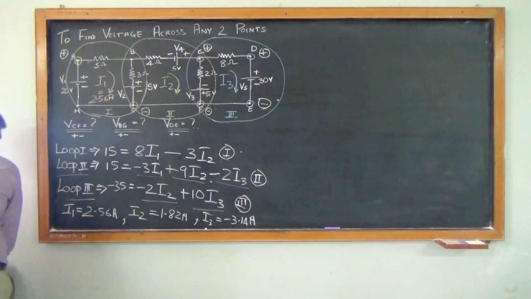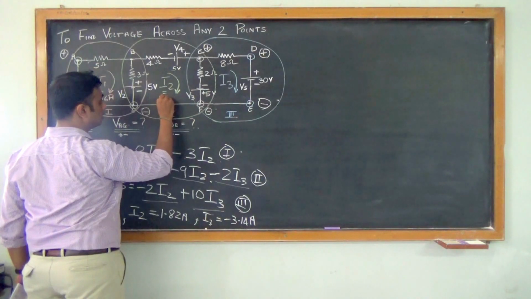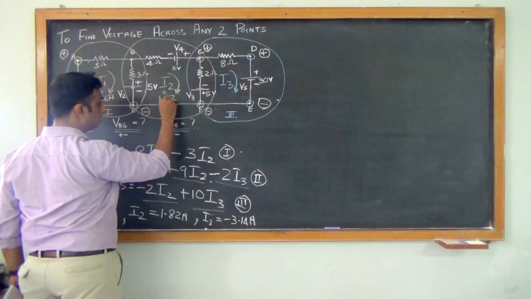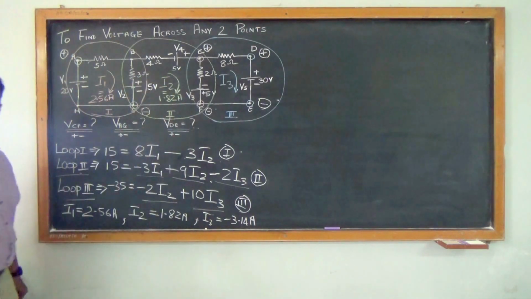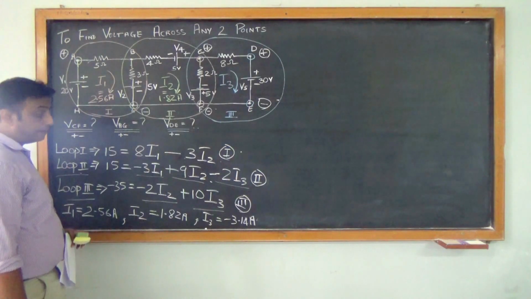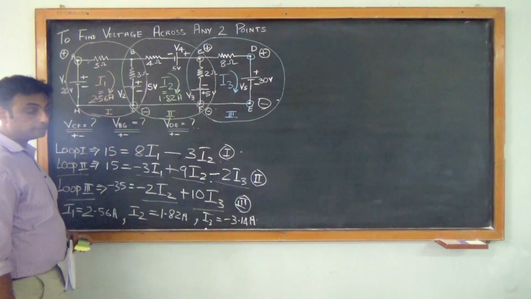What about I2? I2 also equals 1.82 amps, and the direction is the same as we assumed. But the value of I3 is minus 3.14 amps.